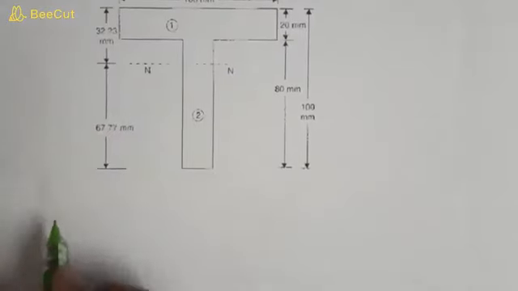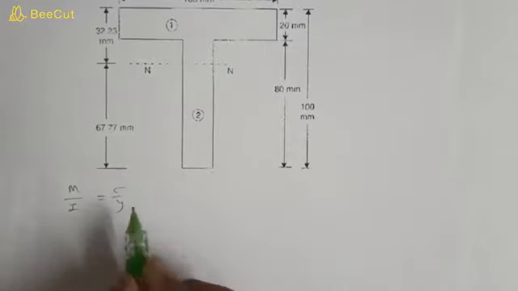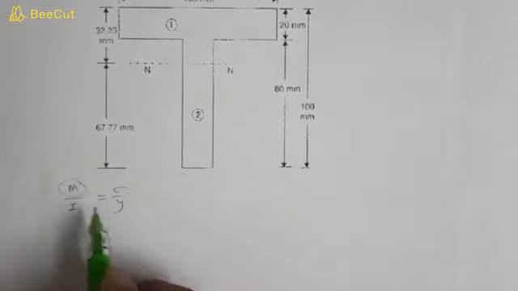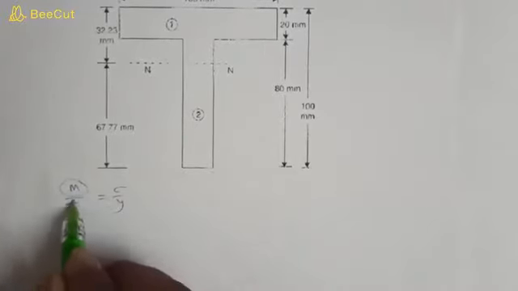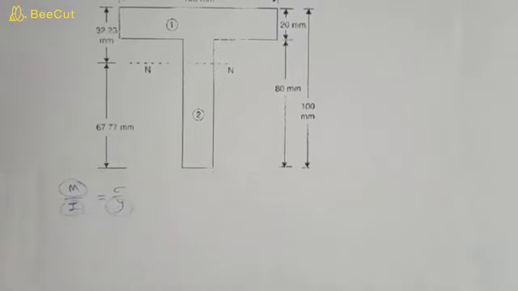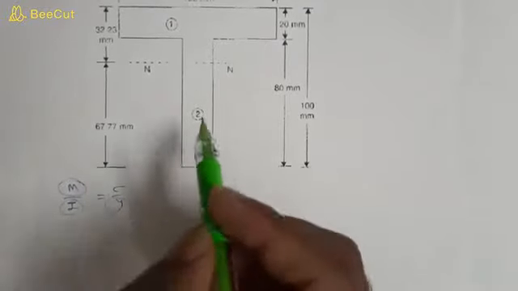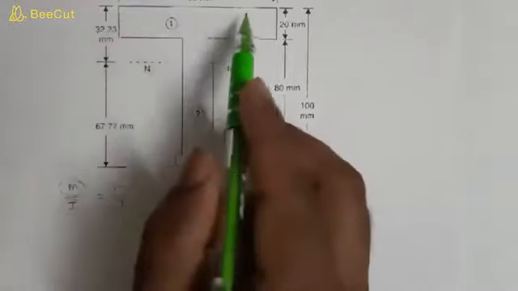Now for maximum bending stresses, the formula is M upon I is equal to sigma upon Y. We already have the maximum bending moment and we have to find I and Y, where Y is the distance from the neutral axis, and we have to calculate this sigma. So first of all we have to calculate the neutral axis of this section.